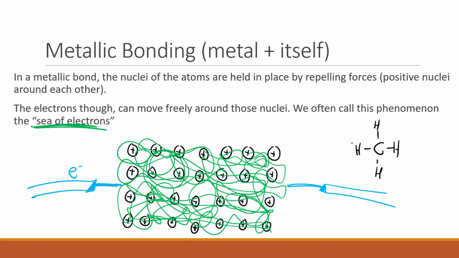It can't really facilitate the moving of electrons across from one H to the other. If I try to connect this through a wire, same thing with an ionic bond. There's no room for those electrons to exist. But metals, they have all the room. They've got this sea of electrons. You can have more electrons come through. That's no problem.